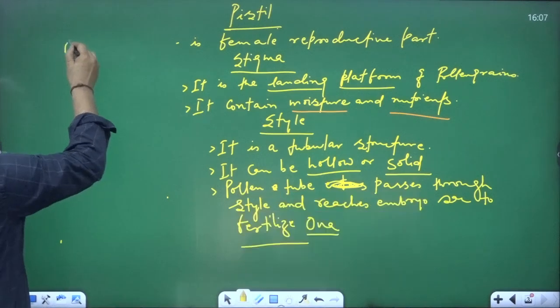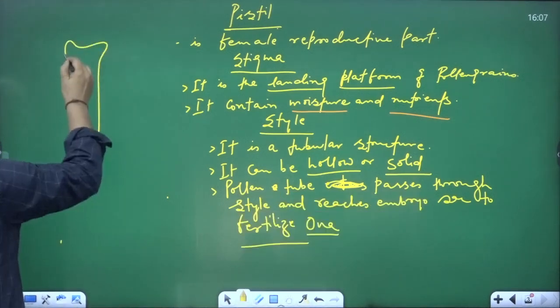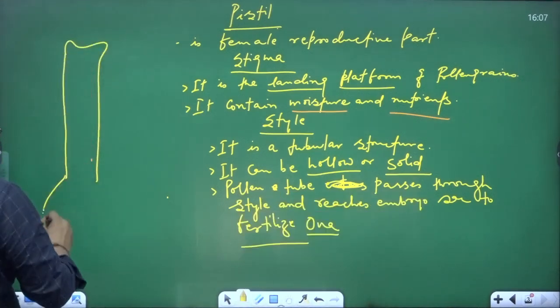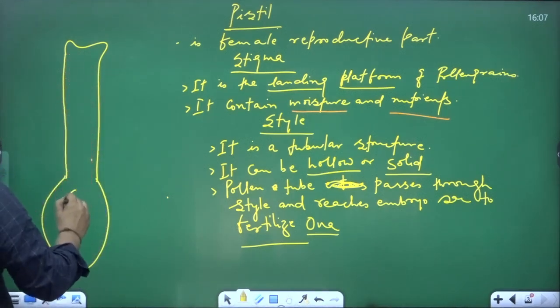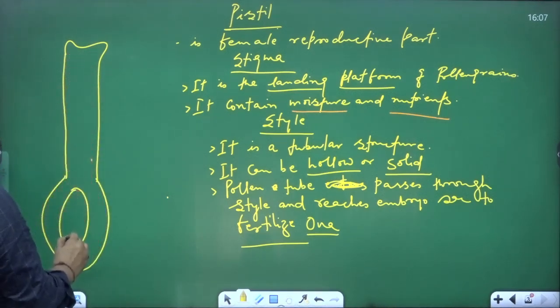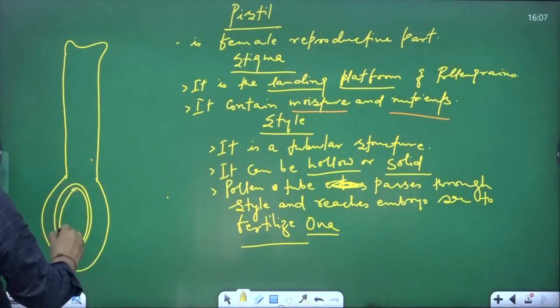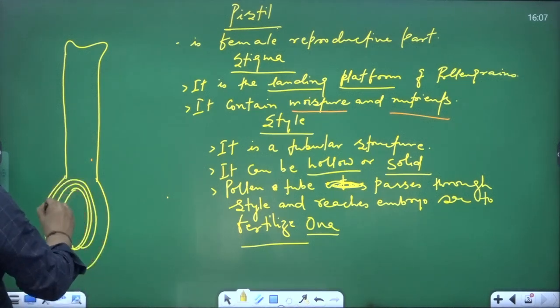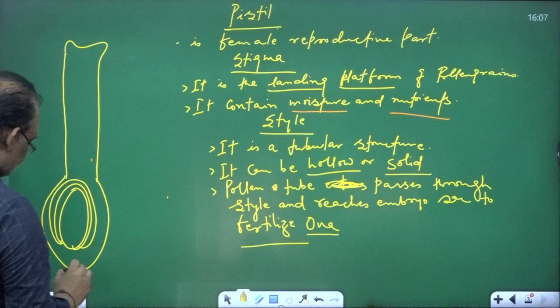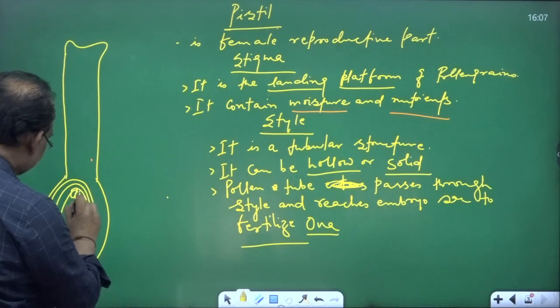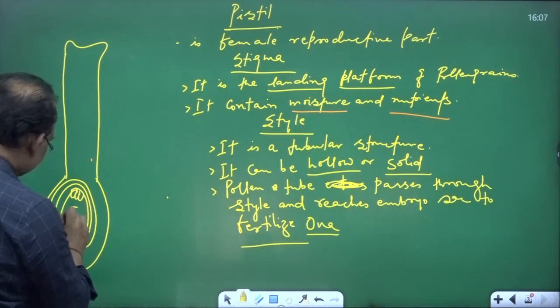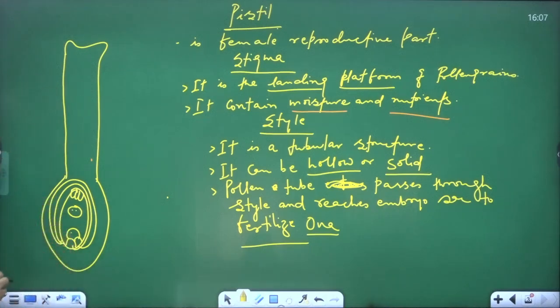Look, this is the ovule and this is the embryo sac in which there is ova, then there are 3 antipodal cells, right? There is a central cell also here having 2 nuclei.